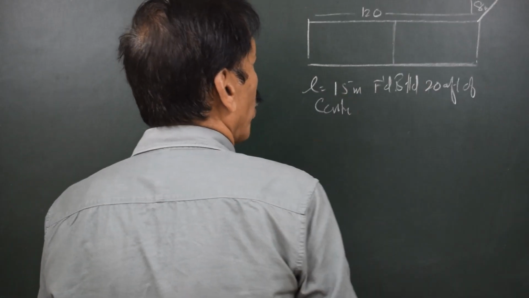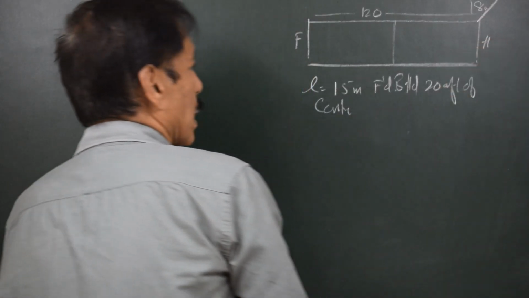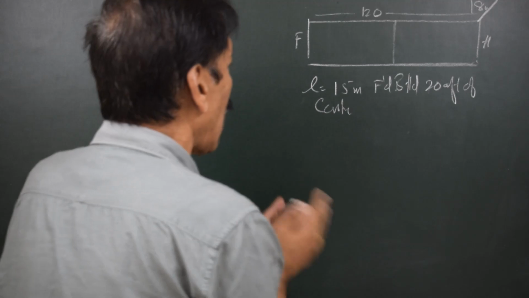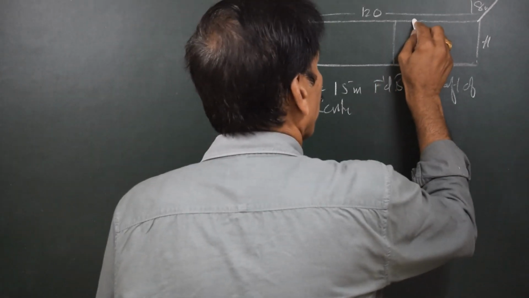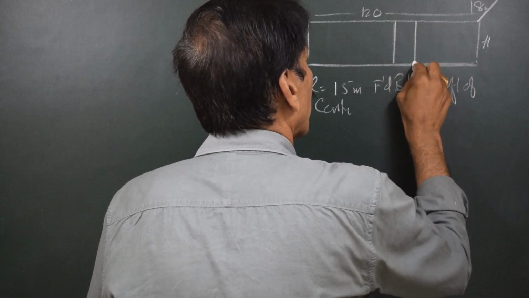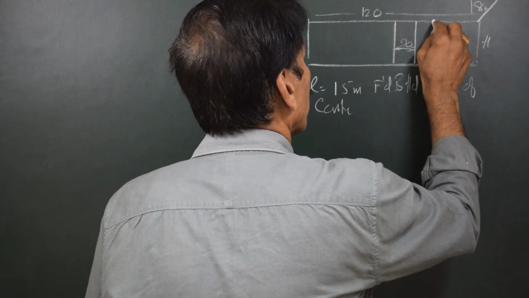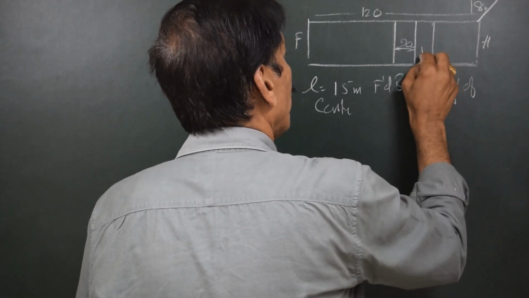So if this is centroid, and if we say this is forward, this is aft, the forward bulkhead is 20 meters aft of the centroid, that is midships. So this distance is 20 meters and there is a compartment that is 15 meters in length.